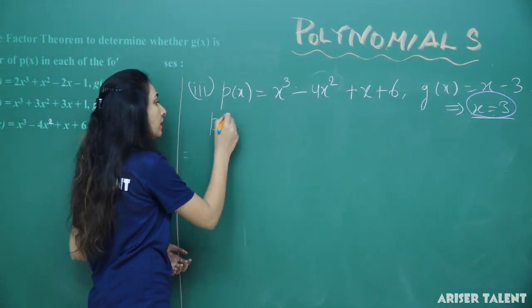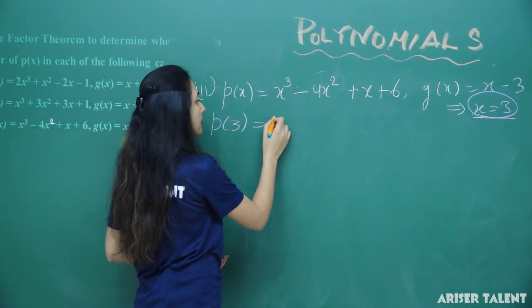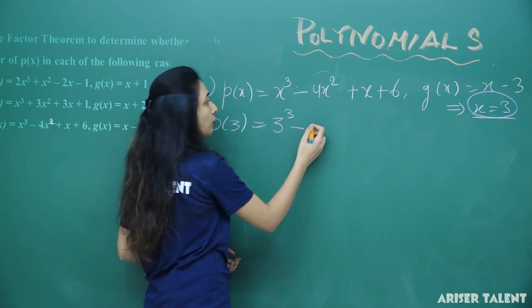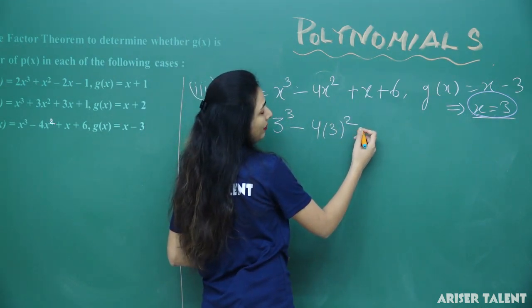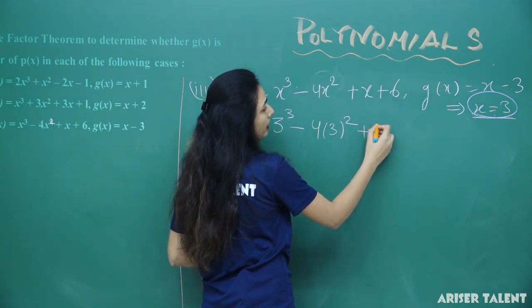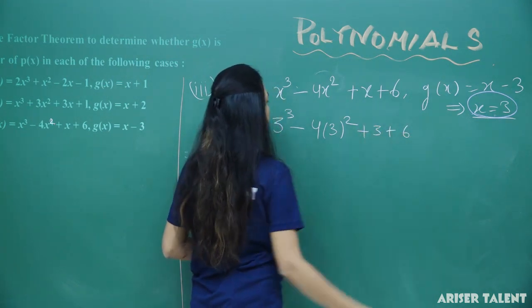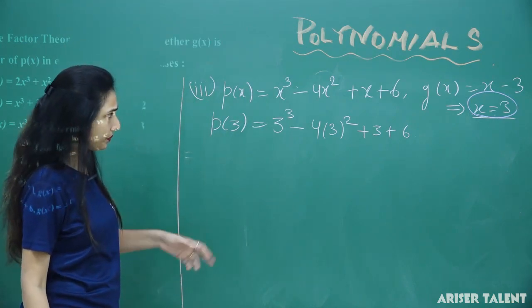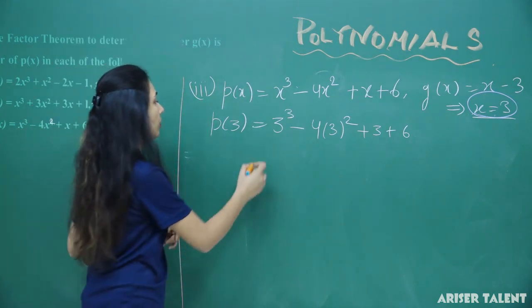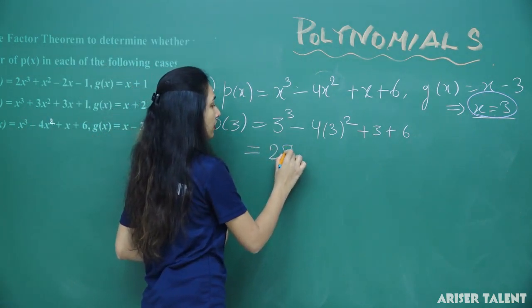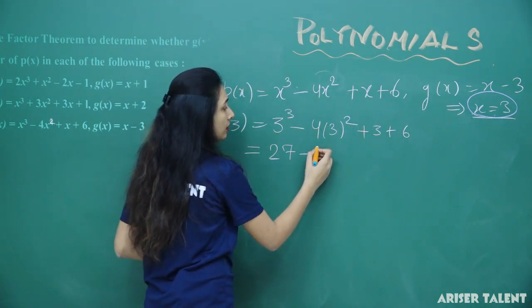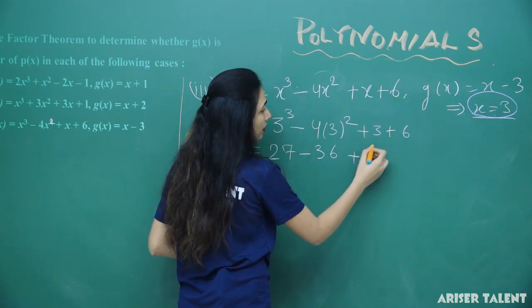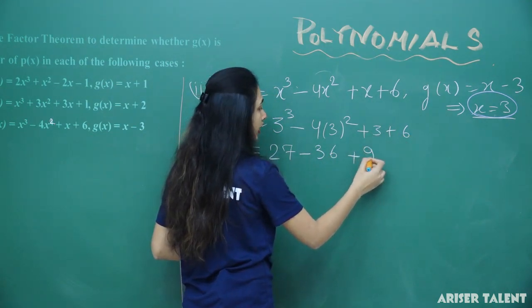So, p(3), just replace all x with 3 and that will be 4 multiplied by 3 square plus 3 plus 6. Is that so? Now 27, 3 cube is 27, here 9 4s are 36, plus 6 plus 3 is 9.